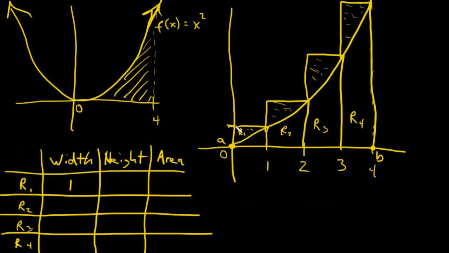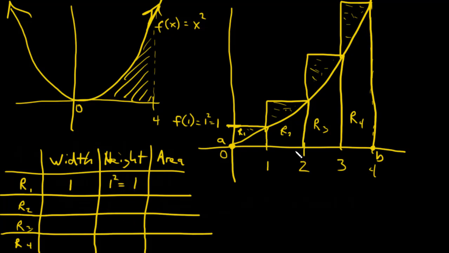So, what is this y value? I get this y value when I plug in this x value into the function, right? So this y value is f of 1, which is 1 squared, which is 1.